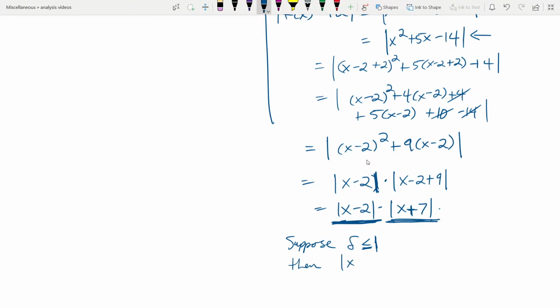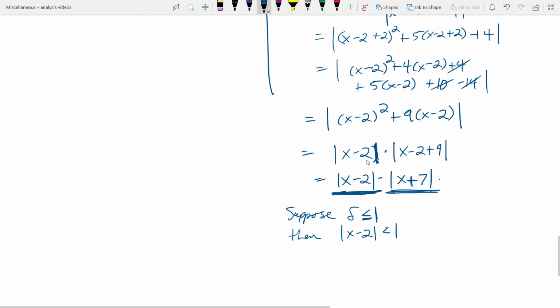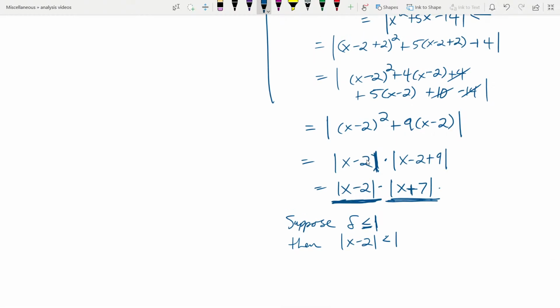Then the absolute value of x − 2 is going to be smaller than 1. In particular, this means −1 < x − 2 < 1.